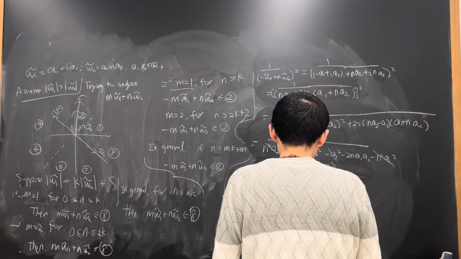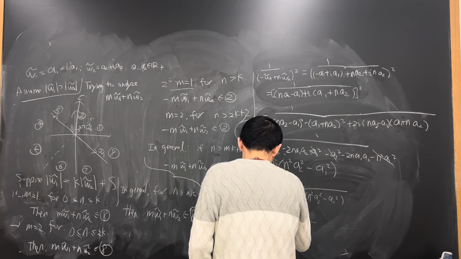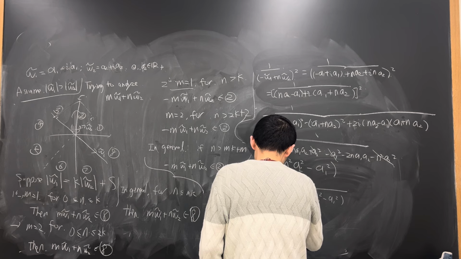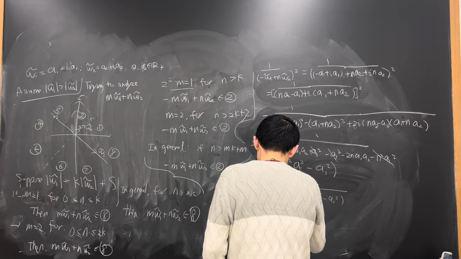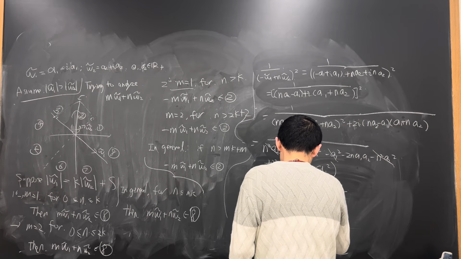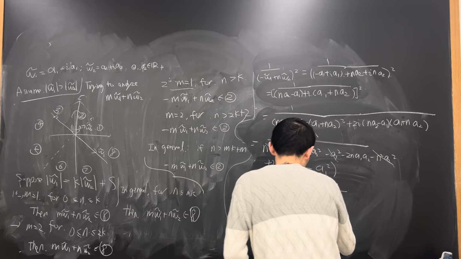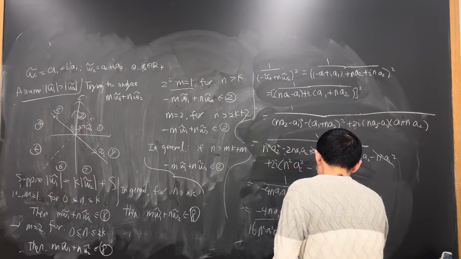When I multiply by conjugates, negative 4n A1 A2 minus 2I times n squared A2 squared minus A1 squared.